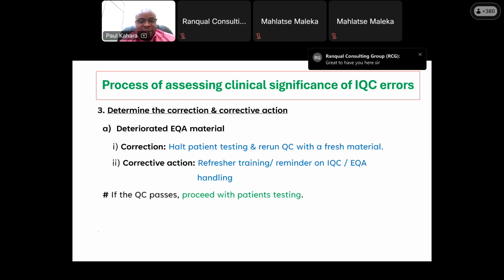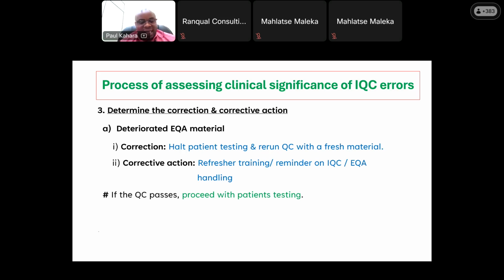For example, halt the patient testing and rerun the IQC until it passes, and then go ahead and initiate the corrective action, probably by way of a refresher training or a memo to remind staff about IQC and EQA handling. And if the IQC passes after this correction and corrective action, you just go ahead with patient testing for today.